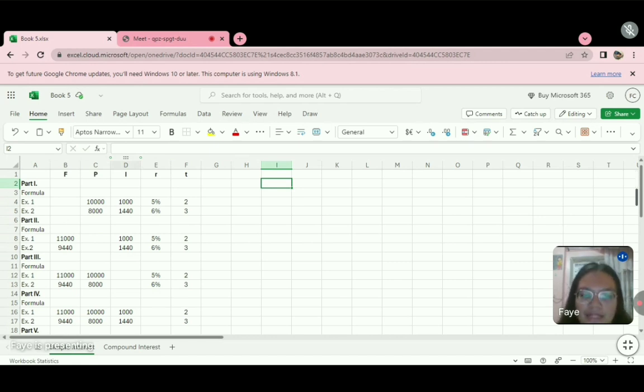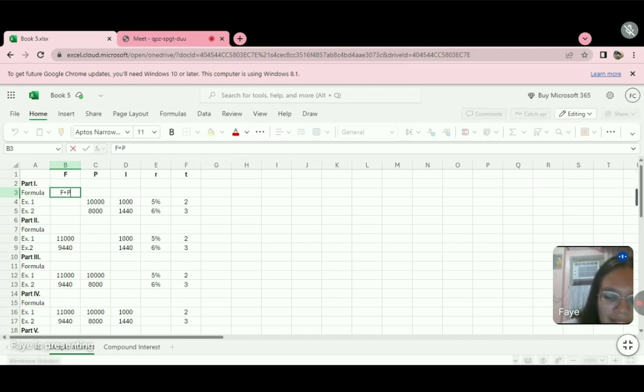This is the interest rate. And T is the time, often measured in years. So let's first move on to part one, which is F. The formula for F is equal to P times quantity 1 plus RT.